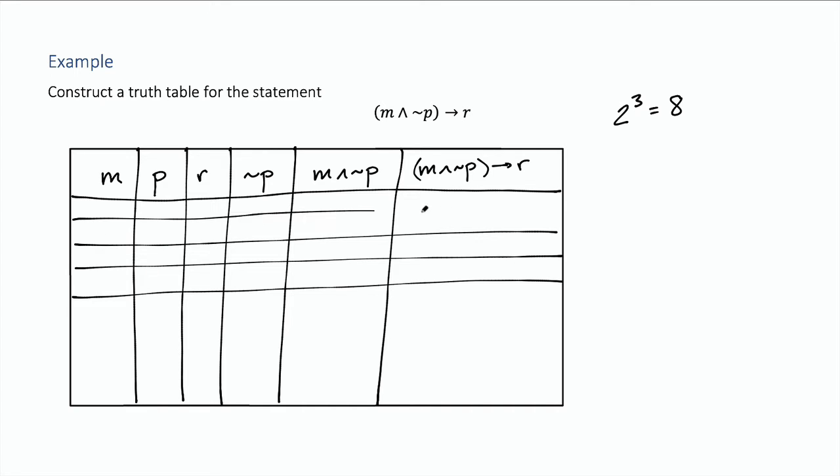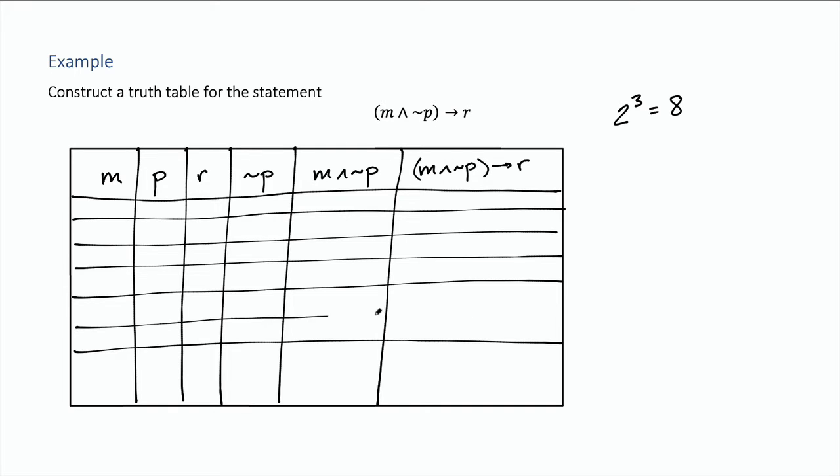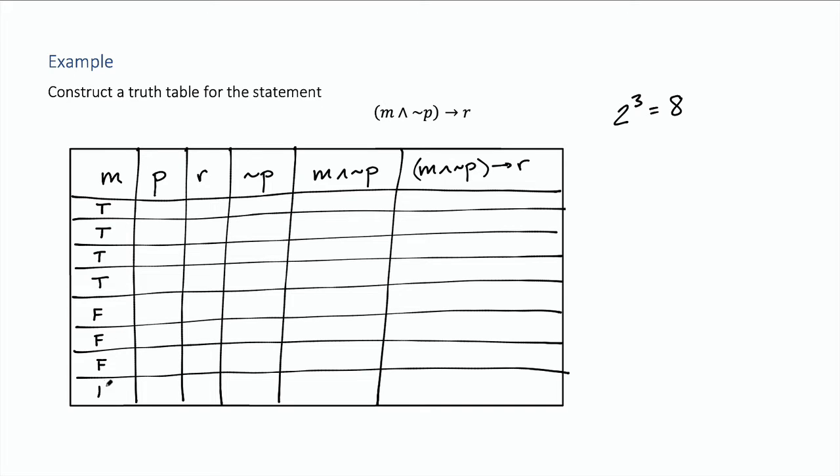And then we're going to look at all the possible ways to combine true and false for those 3 statements, M, P, and R. So we start with the first column. We just make half of those true and half of them false. So 4 trues and 4 falses. And then an easy way to do it is to say, I had 4 trues and 4 falses, so my next column is going to go in blocks of 2.